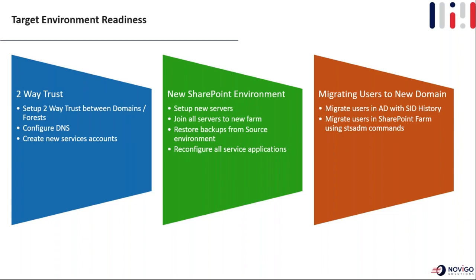The target environment was SharePoint 2016, available in the new bank domain, whereas the SharePoint 2013 environment of Bank 1 and the SharePoint 2016 environment of Bank 2 were both merged together and made available as a single SharePoint intranet on the third domain. In this scenario, there was a two-way trust set up between all three domains, and users from all three domains were able to log into SharePoint with their own AD credentials.